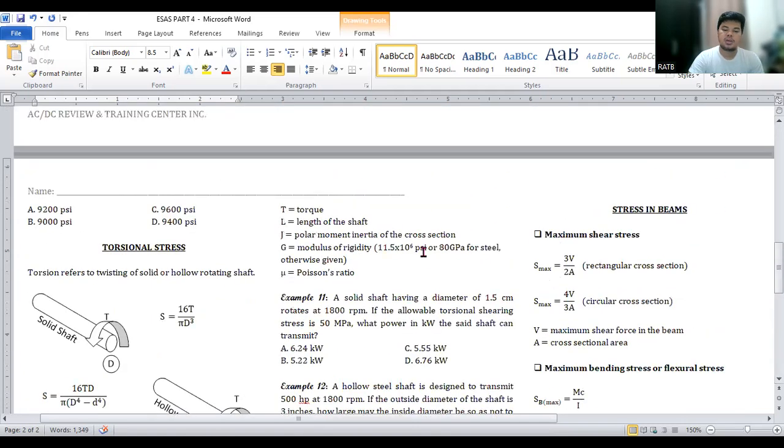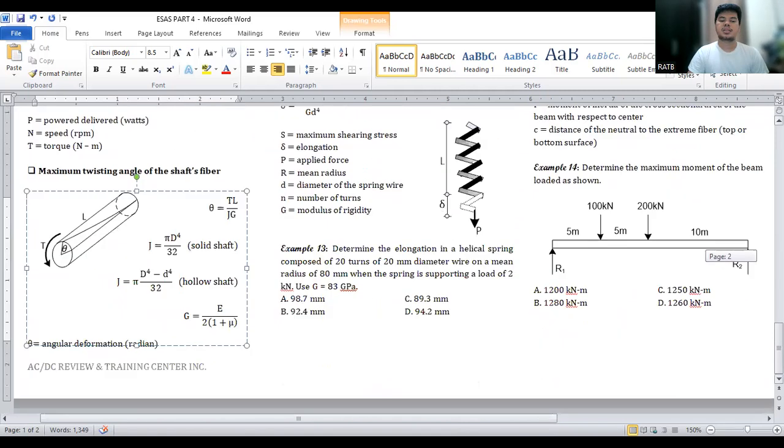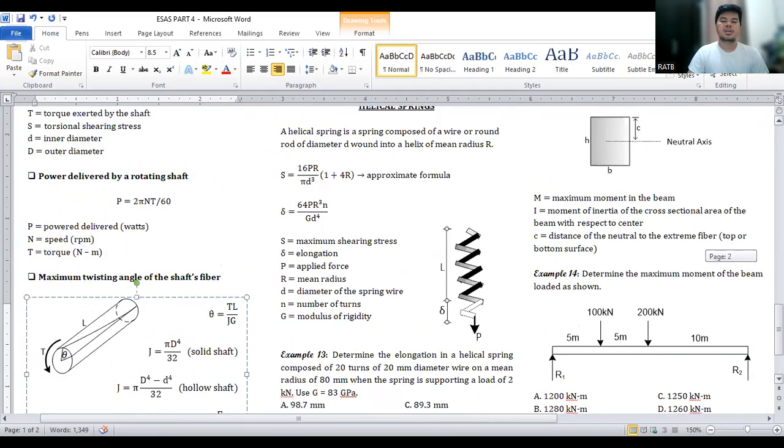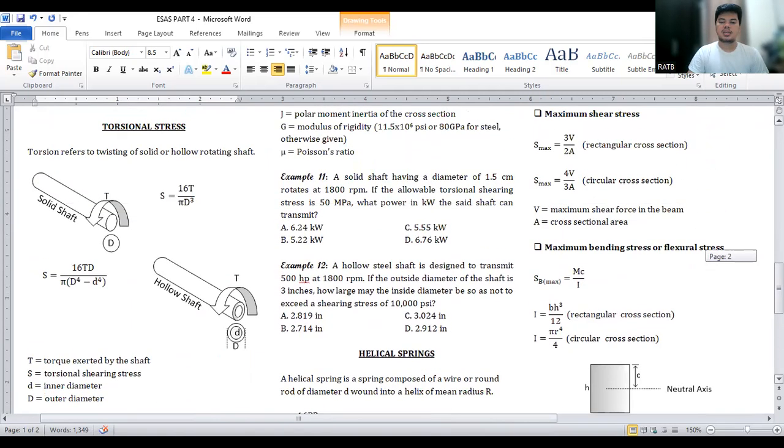We are given here the modulus of rigidity for steel, that's 11.5 times 10 to the power of 6 psi or 80 gigapascal, unless otherwise given. So we now use the formulas presented to calculate for the items being asked in the next two examples. Again, all you need to do is memorize the formulas and familiarize them, and then you will be ready for mechanics of deformable bodies.